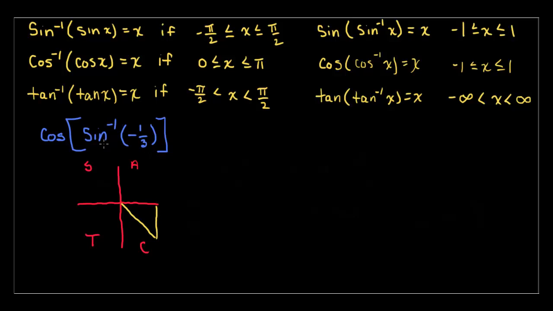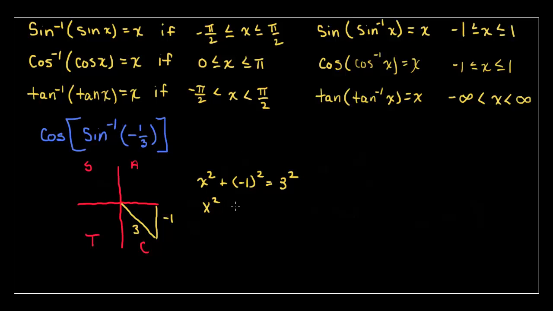Okay, definition of sine is opposite over hypotenuse. So again, using the Pythagorean theorem, we're going to find the value of x. So we have x squared plus negative 1 squared equals 3 squared.